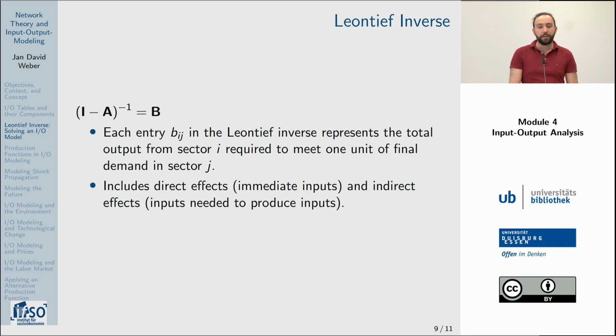And we can include direct effects where we have the immediate input, so you actually need this input to produce something. It comes to the company, they put it in their production black box, and something else comes out. And we have also indirect effects, so inputs that are needed to produce that input. These are aspects that we can trace through the economy, where all the origin comes from.